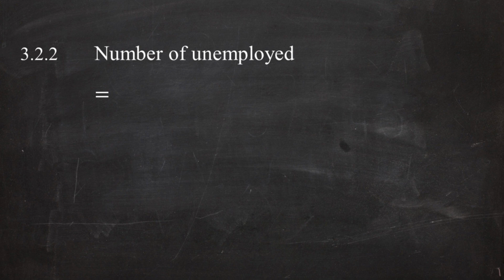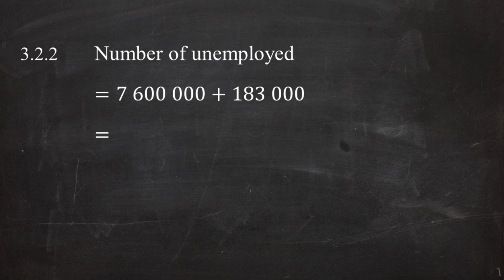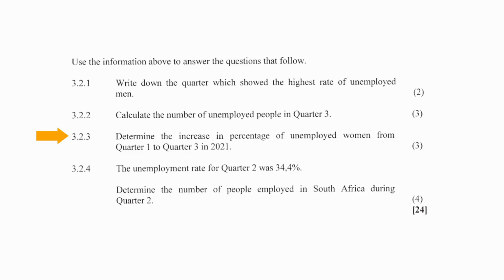So the total number of people that were unemployed in quarter 3 was 7,600,000 plus 183,000, and this gives us a total number of people that were unemployed in quarter 3 of 7,783,000.